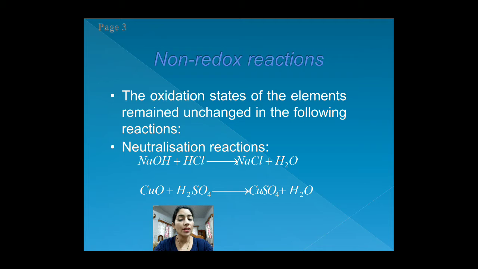In neutralization, when an acid reacts with a base, making a salt and water, it is a non-redox reaction. In this case, sodium hydroxide has a plus 1 oxidation state, and when making sodium chloride salt, it also has a plus 1 oxidation state.